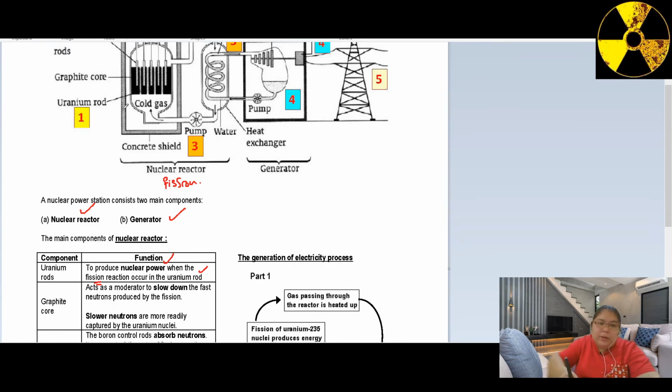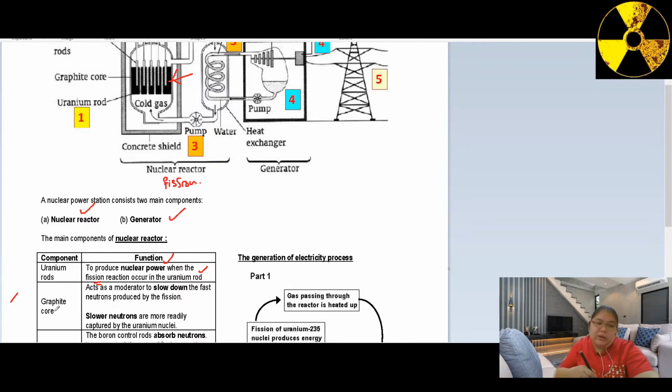That means from this situation, the part 1, there will happen nuclear fission. Nuclear fission will happen here. Nuclear fission means a neutron bombards the uranium. After that, they produce 2 lighter nuclei and neutrons. Important is energy. They need to use the energy.